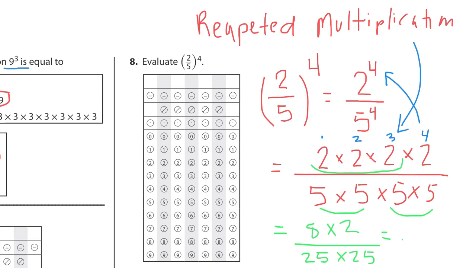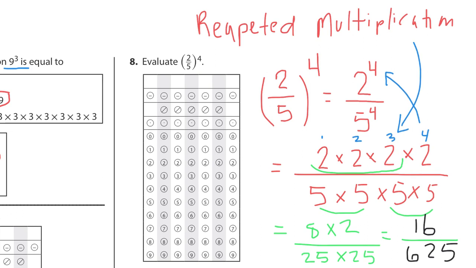So now it looks easier to solve, right? All we have to do is multiply 8 times 2, which is 16. And when we put in our calculator 25 times 25, we should get 625.